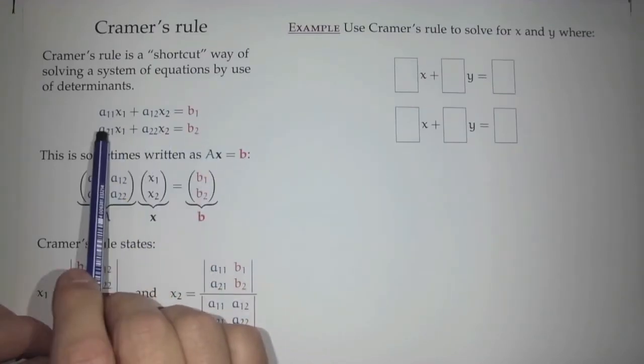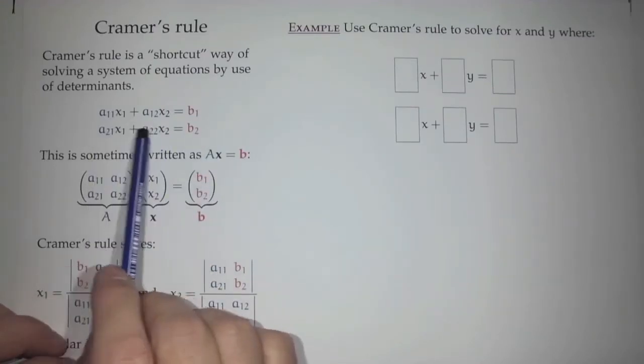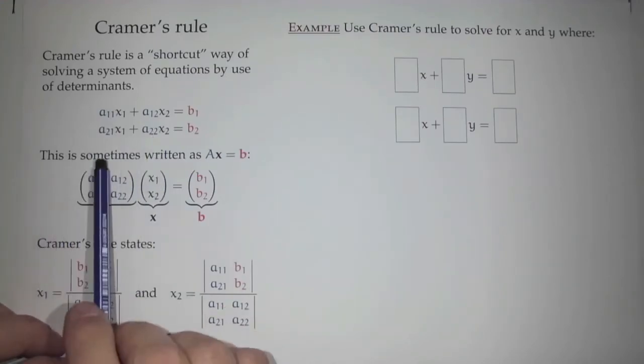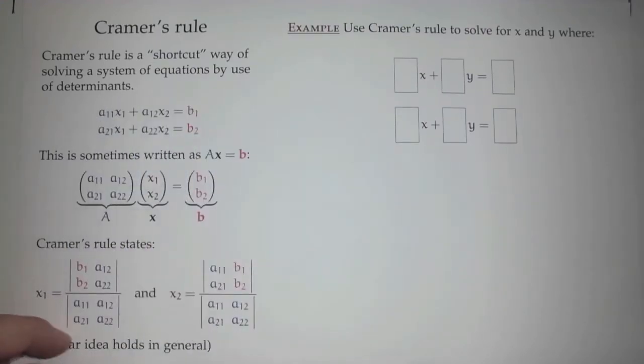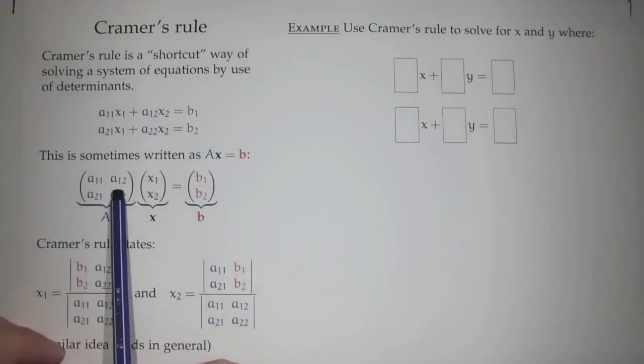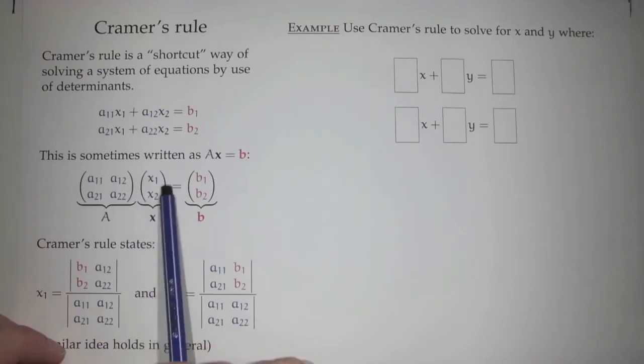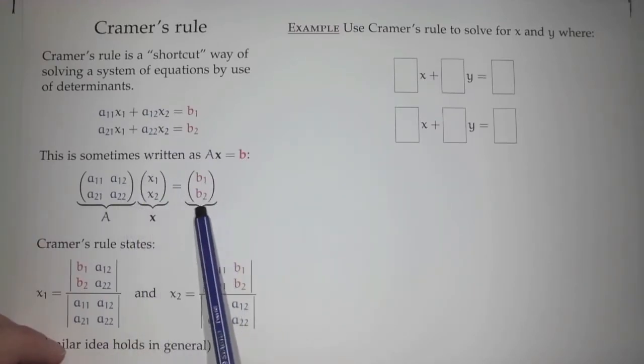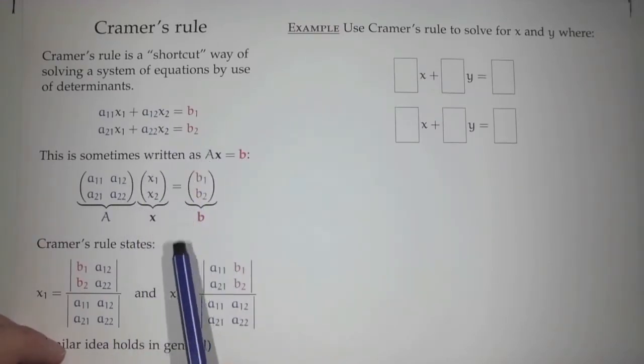The second subscript says where you are in that equation. So you have 2 equations, 2 unknowns. This can be written in a compact matrix form as a matrix A, where we group the coefficients, X, where we group the things we're trying to solve for, and B, where we have the answers.